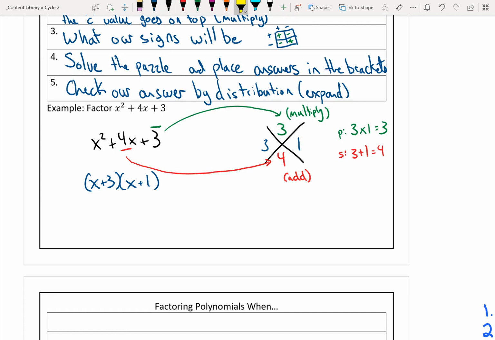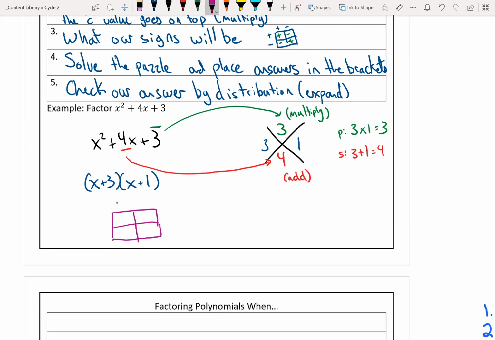The last step is just to check our answer. So I'm going to check my answer by using the box method.